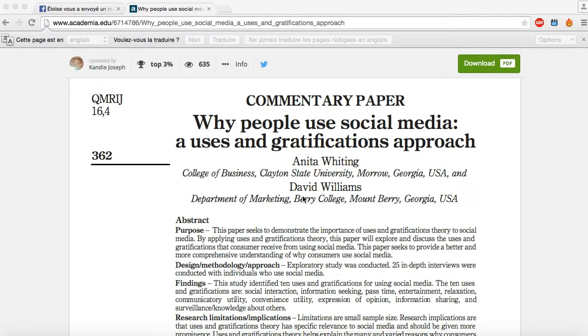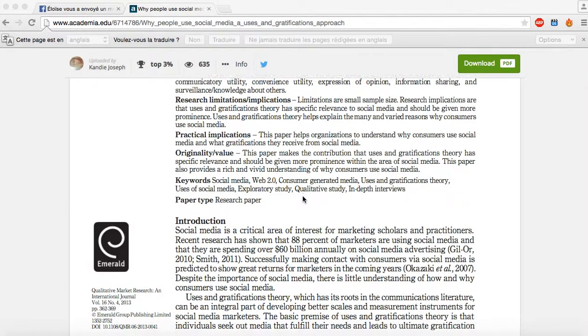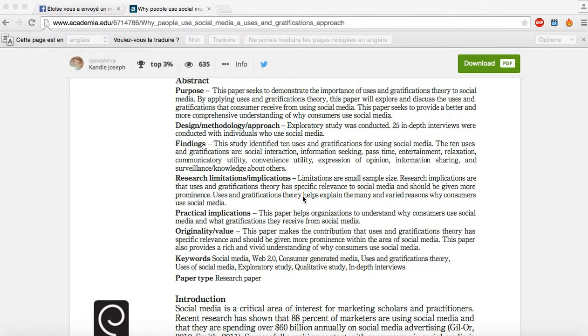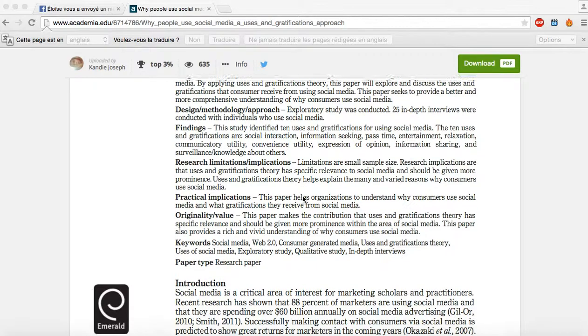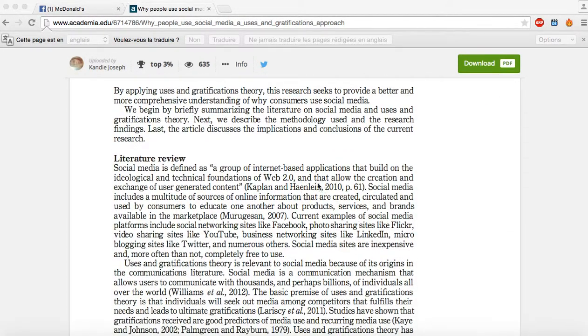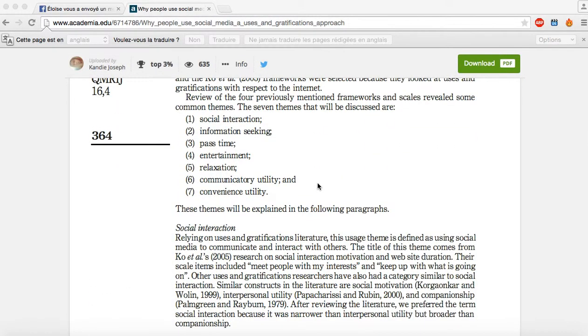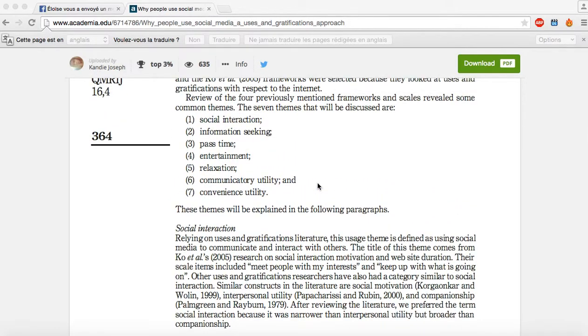I mean, they just interviewed 25 people, which is nothing, because 25 people are not representative of the world. Social media are used by people from all around the world, so to interview just 25 people, I think it's not really representative. But I think the themes they found in the uses and gratification theory are pretty relevant and realistic.